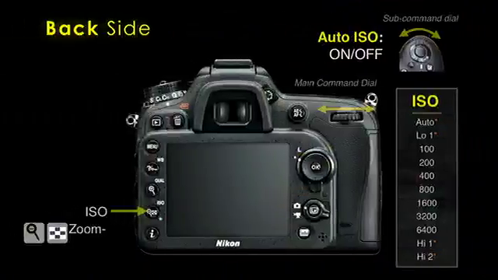And so we're going to talk a little bit more about customizing ISO. We'll talk a little bit about noise reduction, because the camera has a built-in option to reduce the noise if you have to shoot at high levels, but you can also do it manually in other programs like Lightroom or Photoshop, for instance. But these are the basic controls for the ISO, and where you shoot depends on exactly what you're shooting. For most people who are trying to get the highest quality pictures out of their camera, they're going to leave it at ISO 100, and they're going to stick to ISO 100 as much of the time as they can.